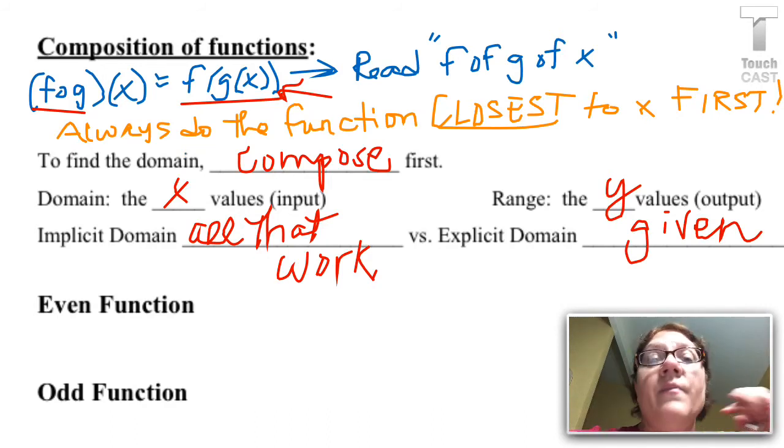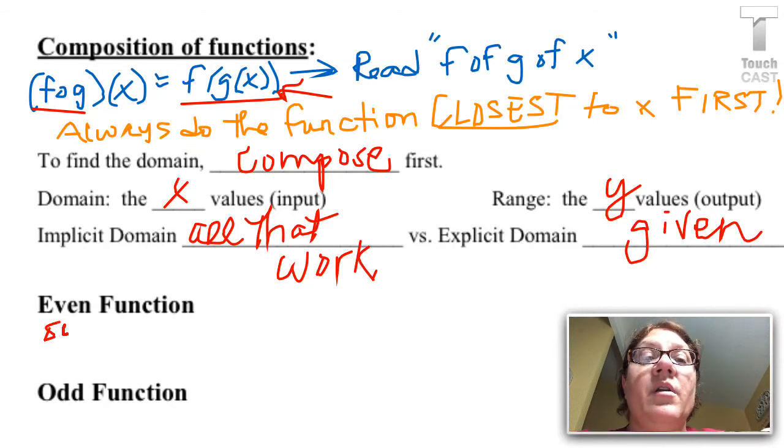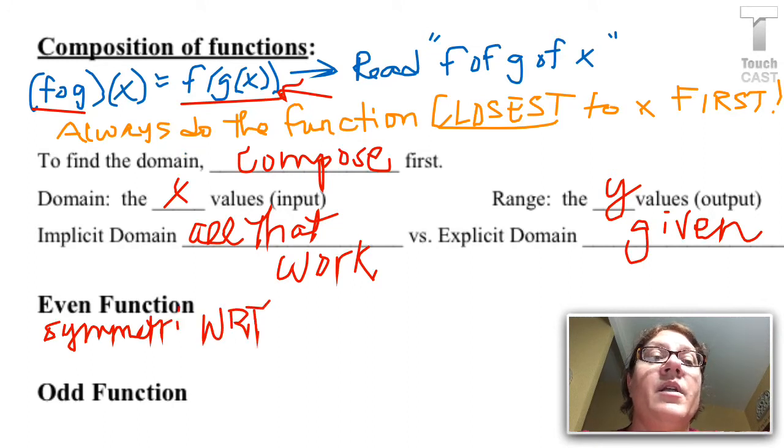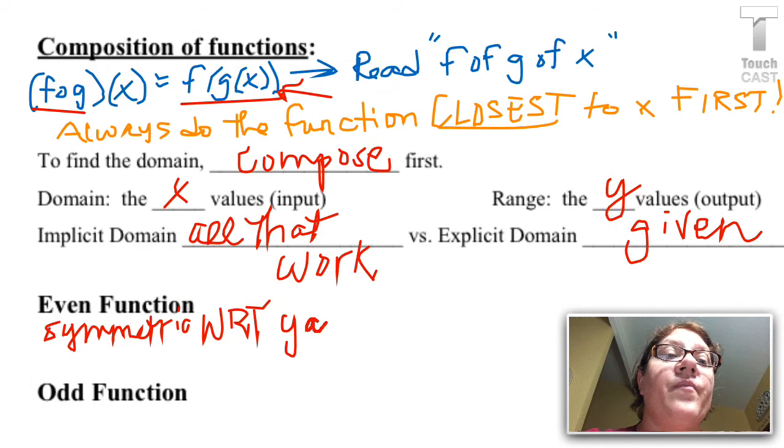Even and odd functions. So an even function is symmetric with respect to, that's what WRT stands for, the y-axis, meaning I can fold it over the y-axis and it'll line up on itself.